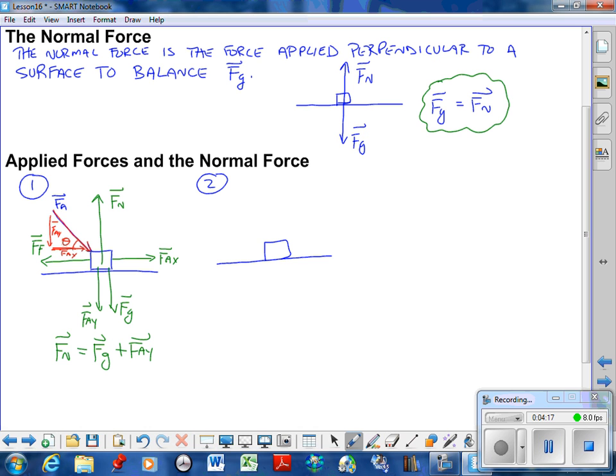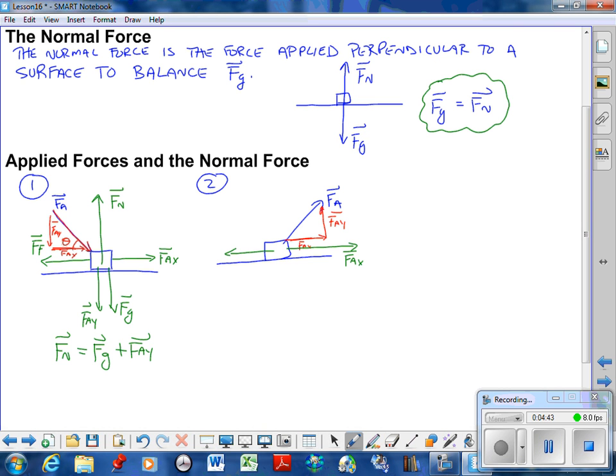In the second scenario, what happens if this is a wagon, your favorite little red wagon? Now you're pulling something. What happens to those two vectors? Well, you still have a force in the x direction, so we'll have our Fax, but now the force in the y direction is upward.